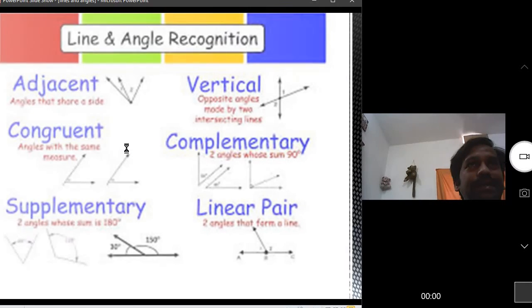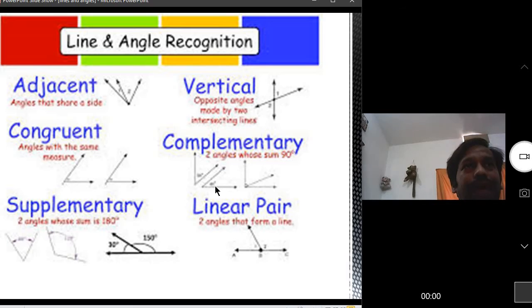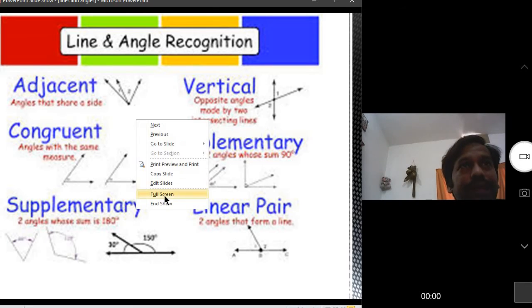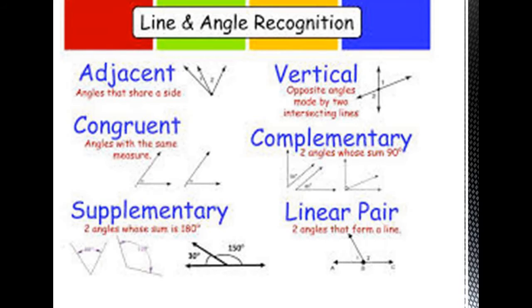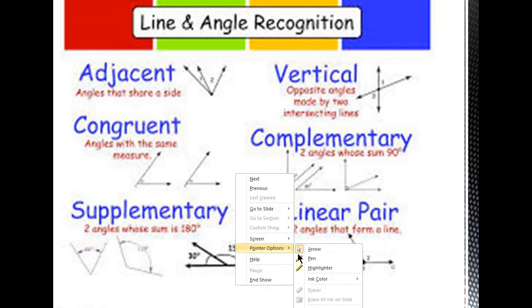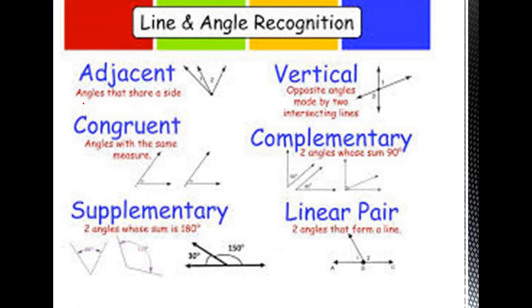These are the angles that we have to study in this chapter. Adjacent angles are angles that share a side. This is the side that has been shared by this angle and this angle.